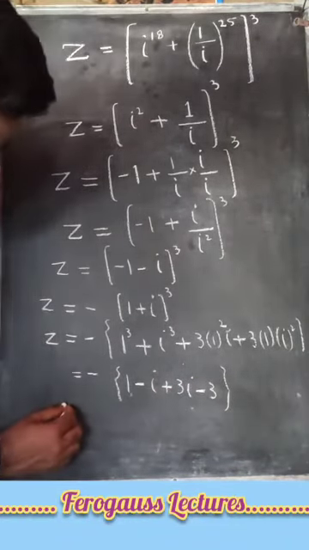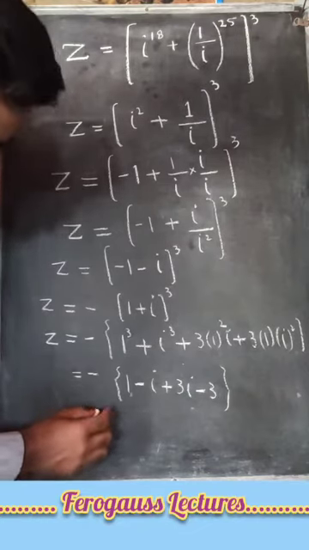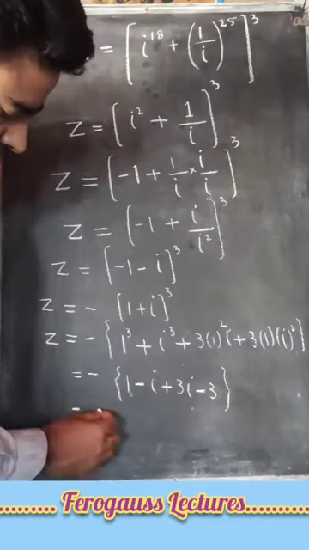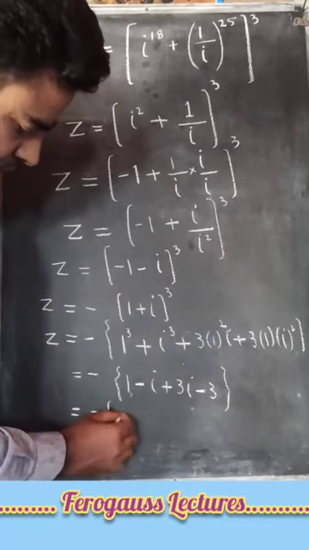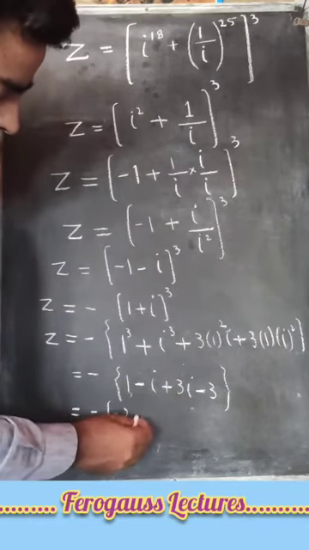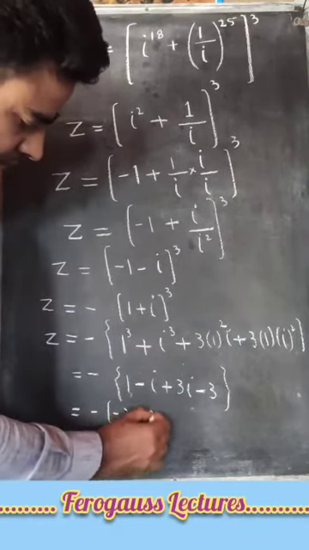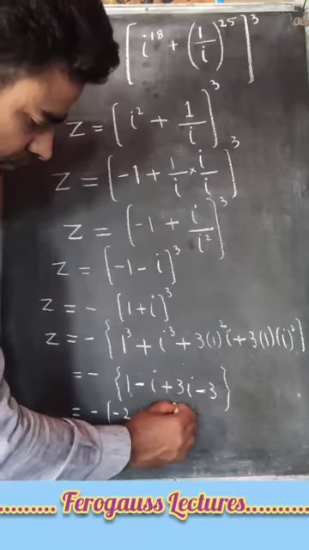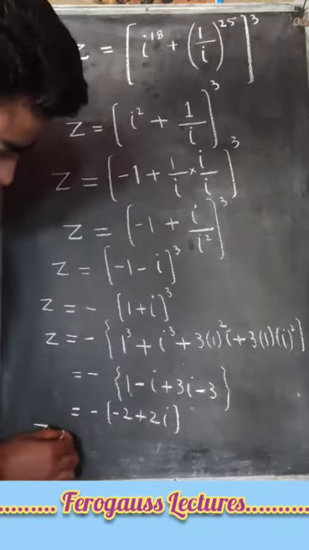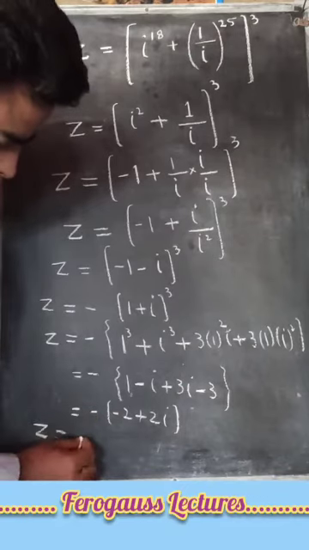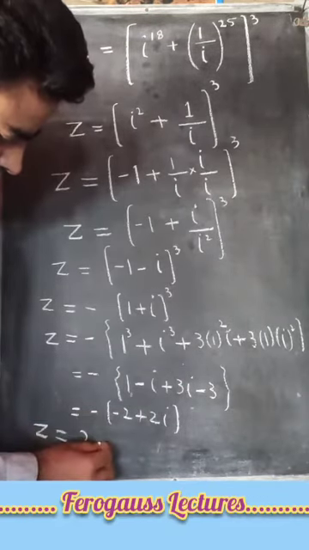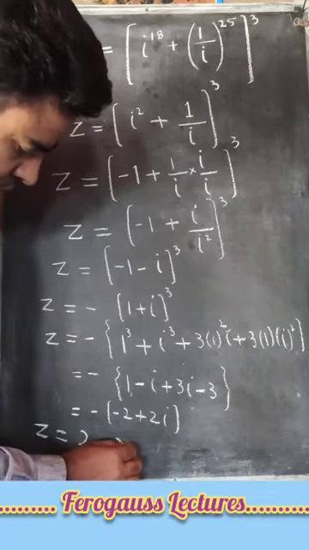That is further equal to, now we have 1 minus 3, that is equal to minus 2. Then we have 3 iota minus 1 iota, that is equal to plus 2 iota. Or z is equal to, minus minus is plus, it is 2, plus and minus, that is minus 2 iota.